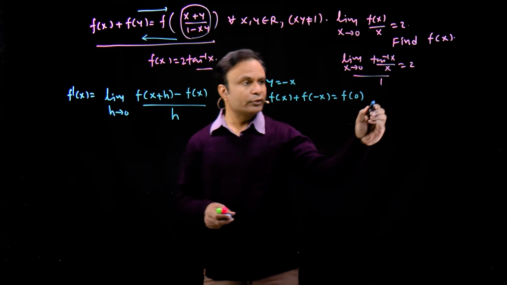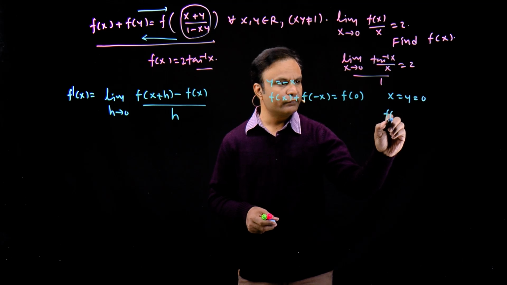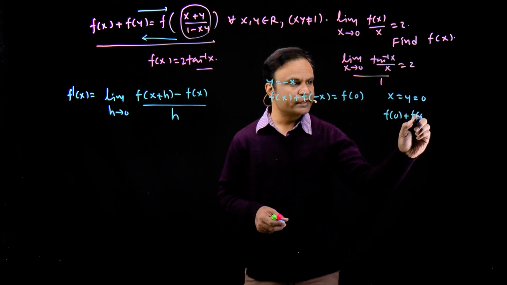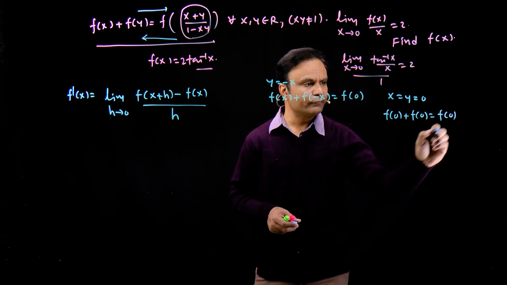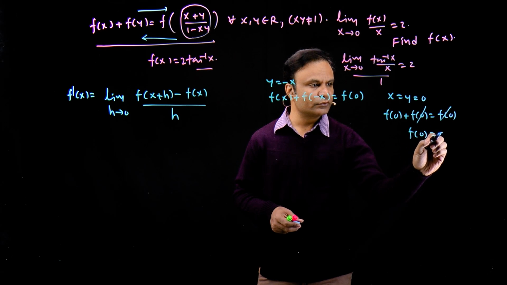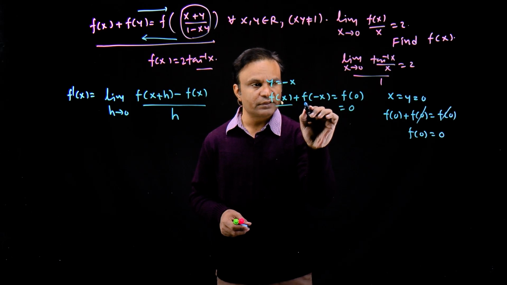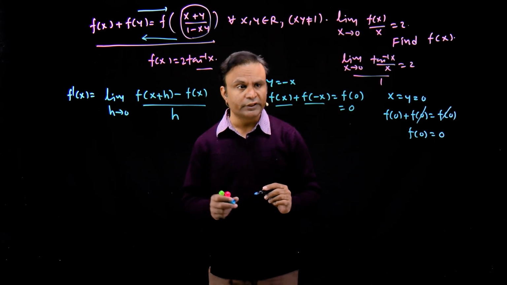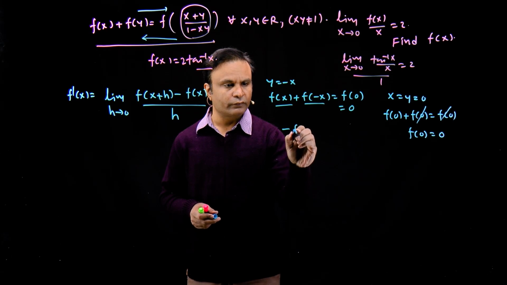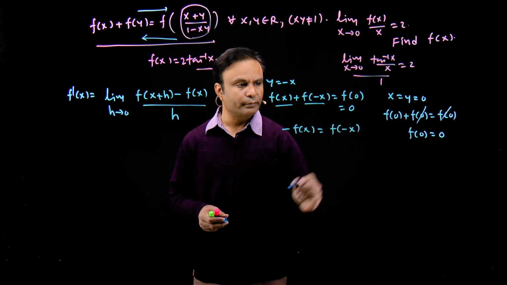In this put x is equal to y is equal to 0. So I get f(0) plus f(0) is equal to f(0). F(0) gets cancelled out. The value of f(0) is equal to 0. So here we have f(x) plus f(minus x) is equal to 0. From this the value of minus f(x) is equal to f(minus x).